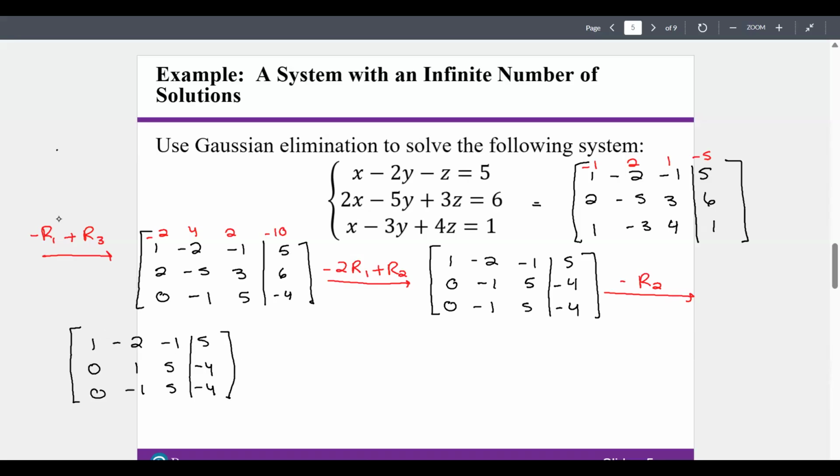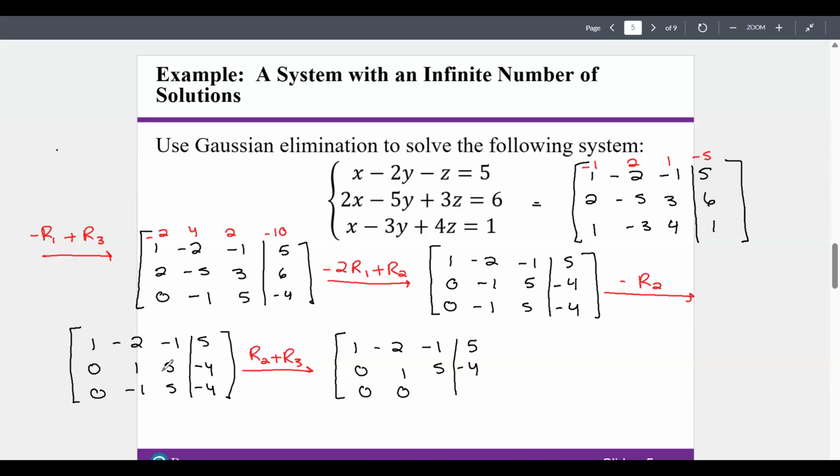Okay, so what I'm going to do is take row 2 and add it to row 3 so I can get rid of that negative 1 there and have a 0 in that spot. And what that's going to leave me with is 1, negative 2, negative 1, 5, 0, 1, 5, negative 4, 0, and 1 plus negative 1 is 0.